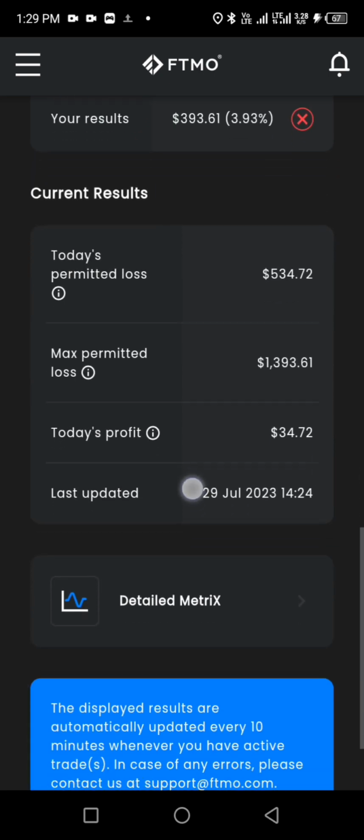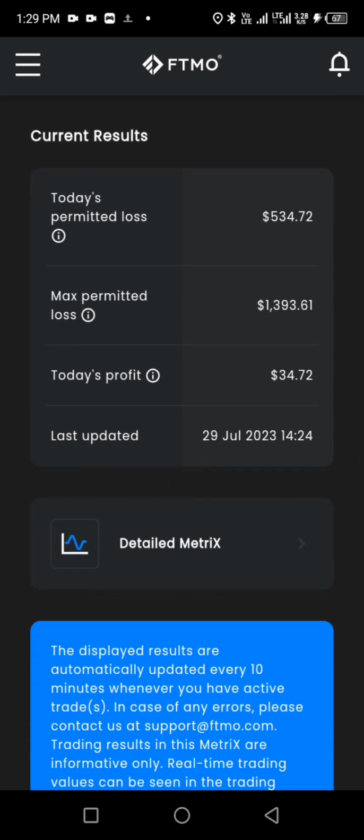So, the current results I have is as of today, Saturday. Of course, the market is closed for today, but they are saying I have a daily limit of $534.72, because that is taking into consideration the profit I made as well, and that has increased my available margin that I can actually play with on a daily basis.